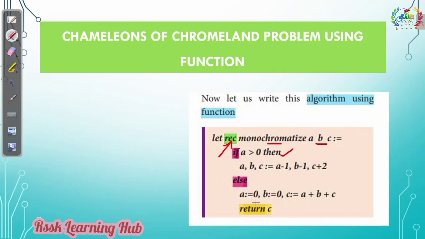Else A equal to 0, B equal to 0 and C equal to A plus B. This is the condition we are seeing in three main types: one using input and output, another using the flowchart strategy, and now we are discussing your programming strategy, right? So finally you have to return your output in C. That's all. Now you can write your coding on your own, right?